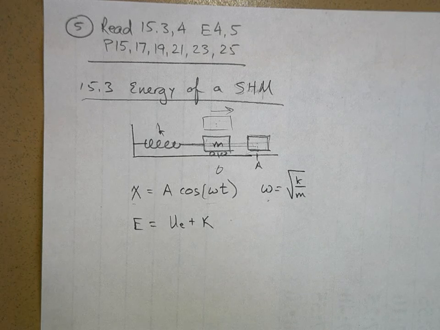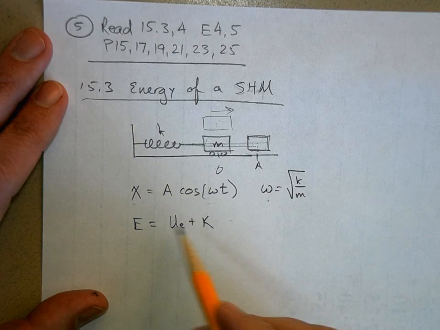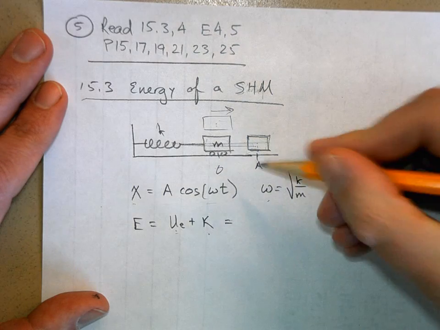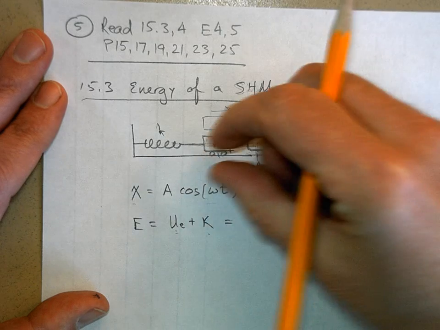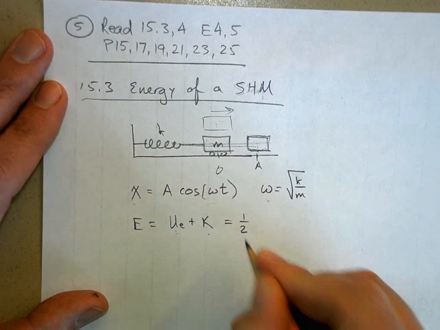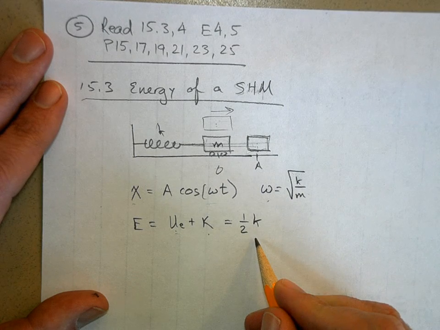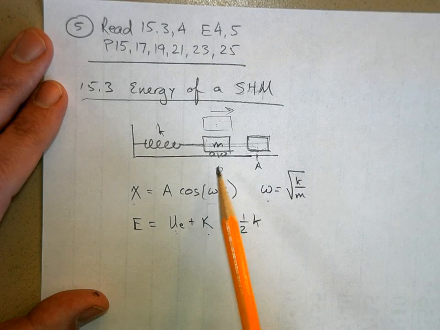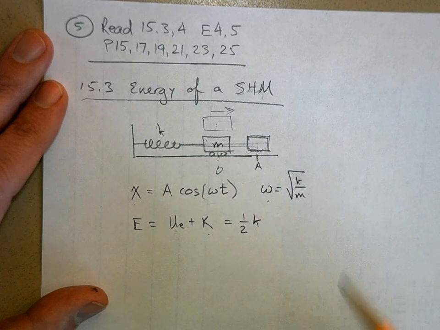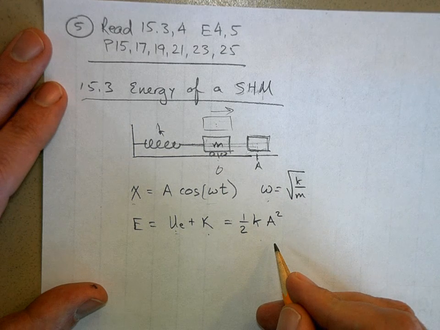One of the things that we can see right away is that the sum of these two is going to be equal to, well, think about it when it's way out here. How much energy is in a stretched spring? Well, it's 1/2 kx squared, right? 1/2 the spring constant times x squared. When it's over here, at its maximum value x is A. So it's 1/2 kA squared.